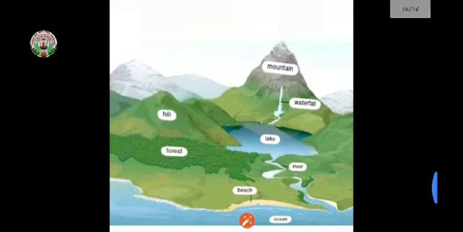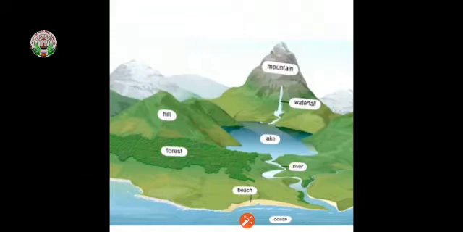Now let's learn about physical features. Look at this picture. Physical features: roads, topography, population, climates, natural resources and economic activities.